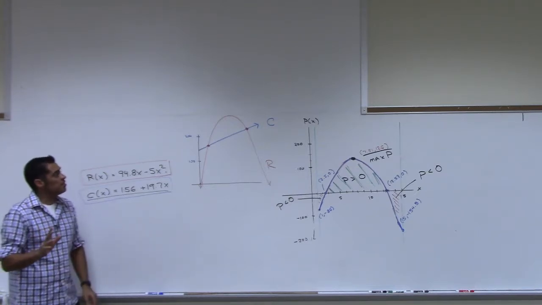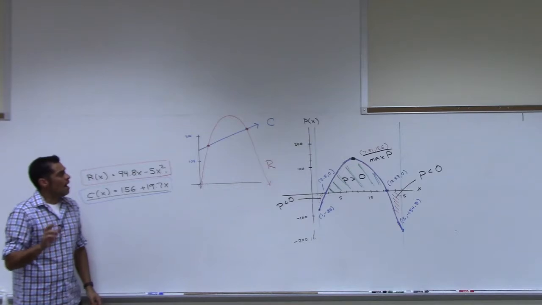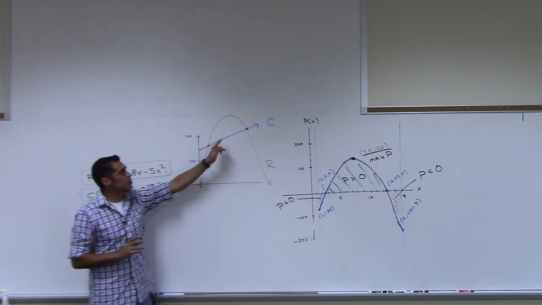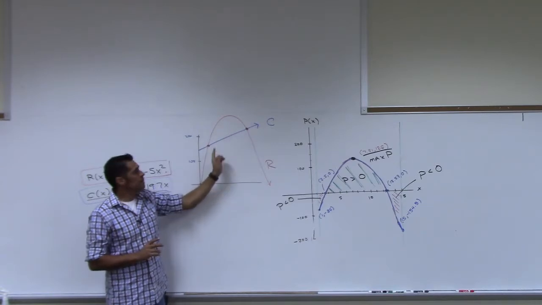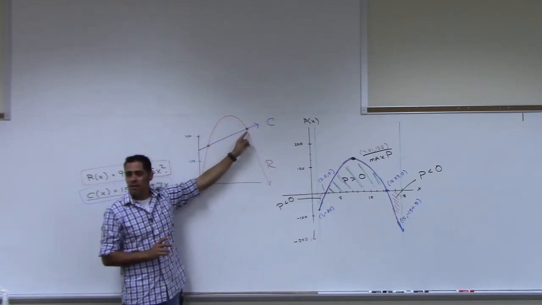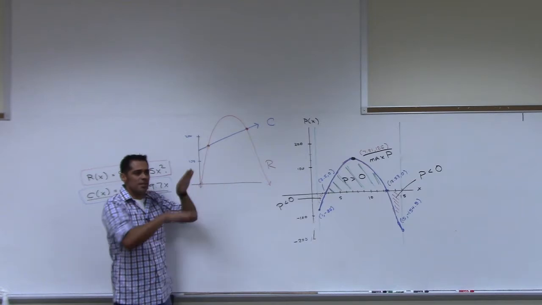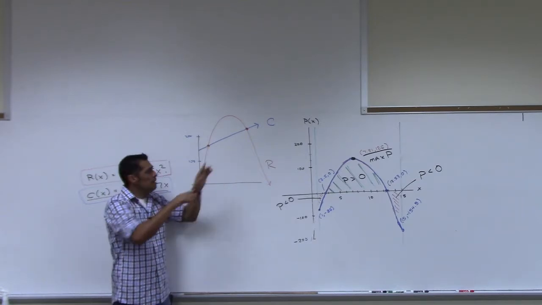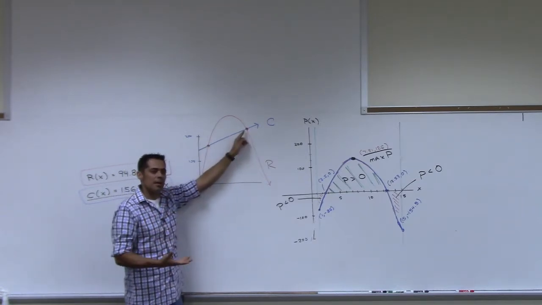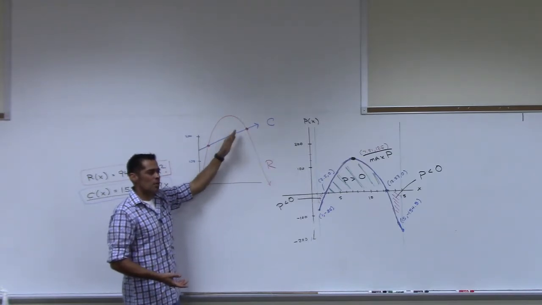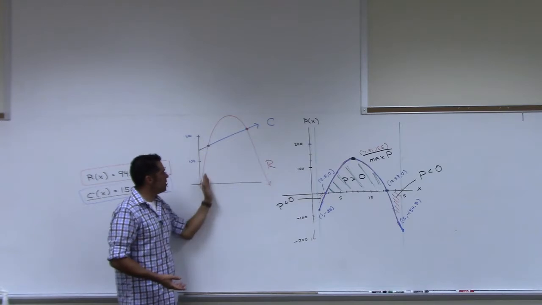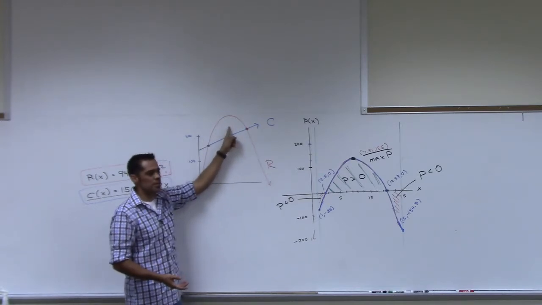I'm asking about the significance of these 2 points. These are your break-even points, right? Because this is where your revenue and cost are the same. These 2 points are your break-even points. And then this region in here is going to be your profit area. So from here to here, your profit is this region.